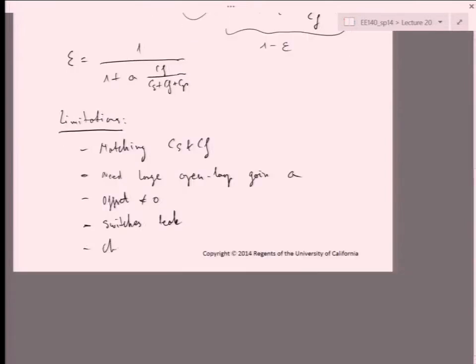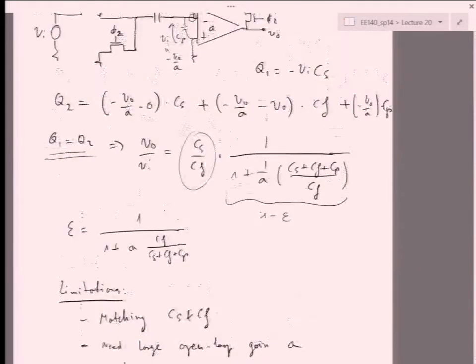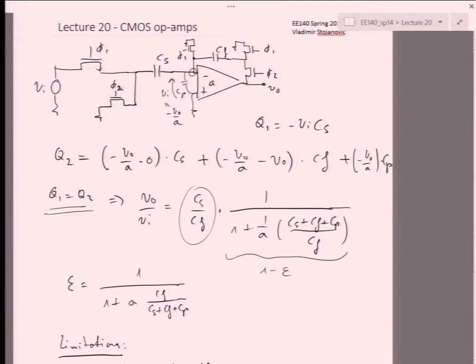Then you have things like charge injection and clock feed through. If you look at these switches, when the switch is on, we know that there's charge in the channel, right? That's the inversion that happens. And then when you're turning the switch off, all the charge in the channel squirts out, essentially both into the source and drain. And that delta Q actually ends up being dumped on CS or CF, right?